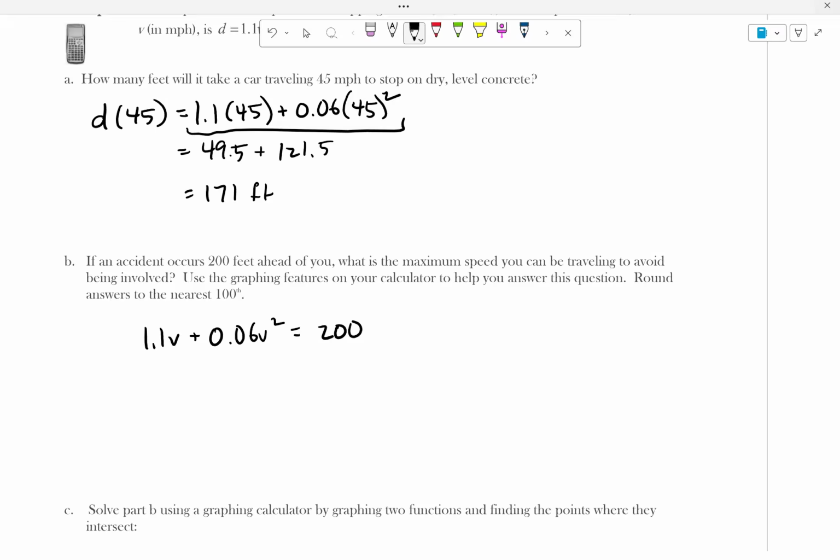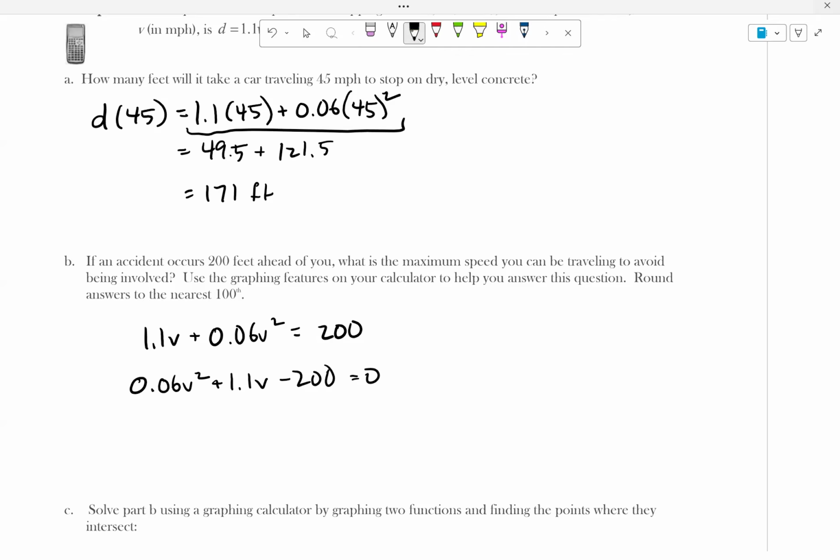First step is put this in standard form. Should we factor it? Should we complete the square? Obviously not. Well, if you want a challenge, go for it. I don't think it factors, but you could definitely complete the square.